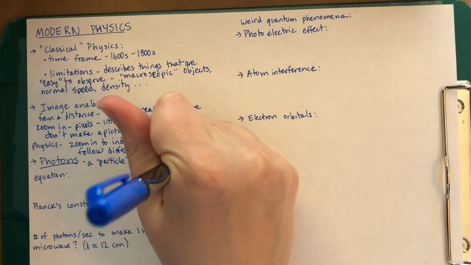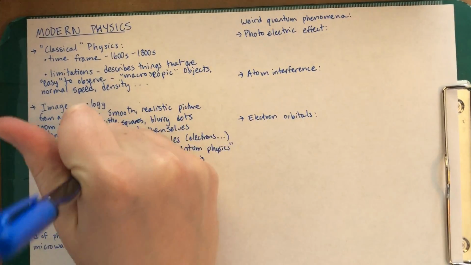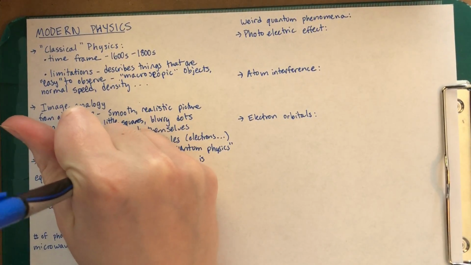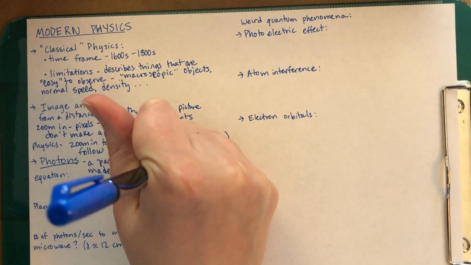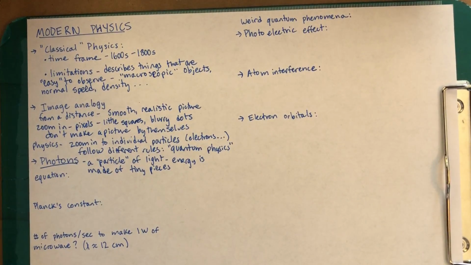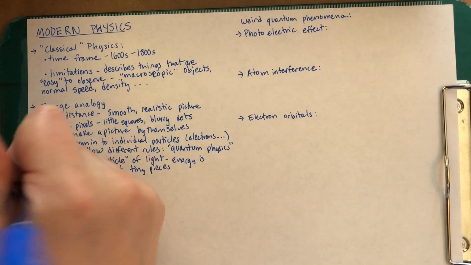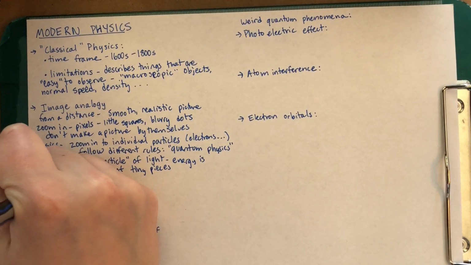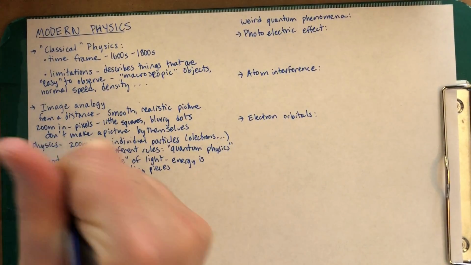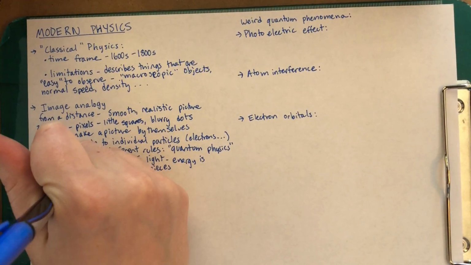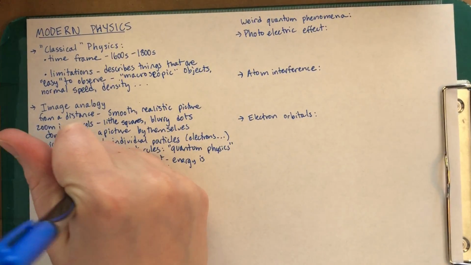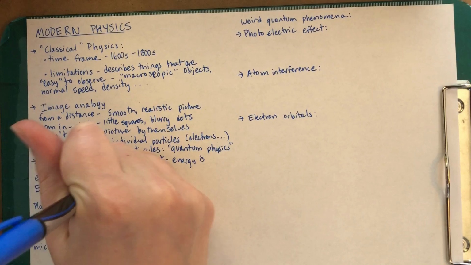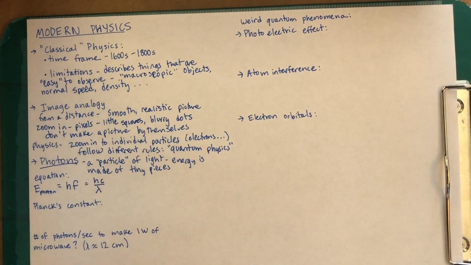So the energy is made of tiny pieces. So the equation for the energy of a photon is E photon, meaning the energy of the photon, equals H times F, or H times C over lambda.